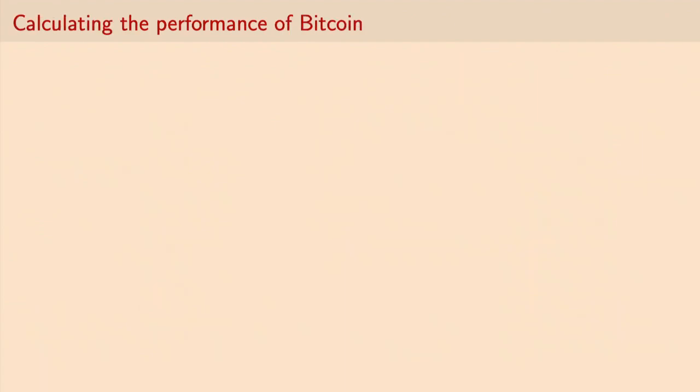Okay, now that we have learned how Bitcoin works, let's talk about the performance. First, there's the throughput, which is how many transactions Bitcoin can confirm in a given period of time. This can be calculated by multiplying the block size, how many transactions there are in a block, and the mining rate, how fast we mine those blocks.